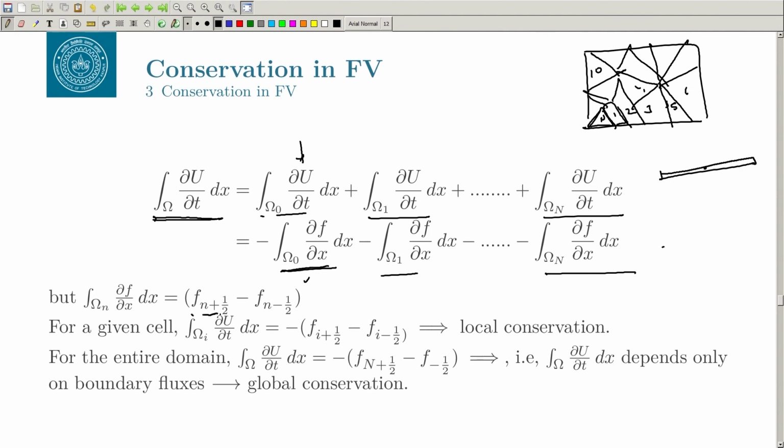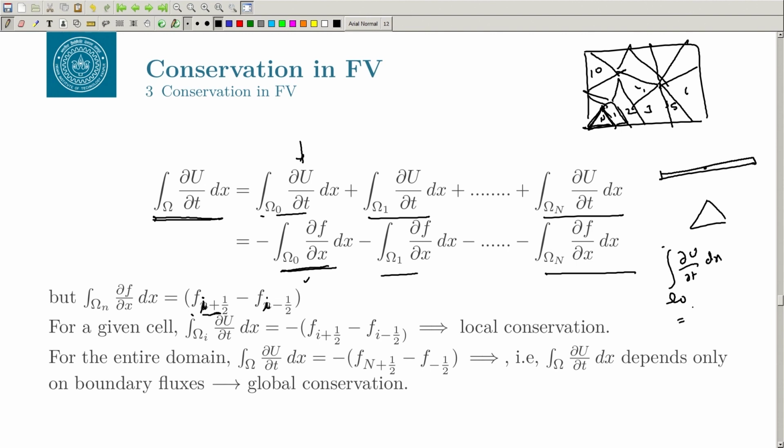This is I plus half and this is I minus half. This is f I plus half and this is f I minus half. What is the difference in the flux? For a given cell, you take any cell, let us say this particular cell, and you want to calculate du by dt dx over omega 0.